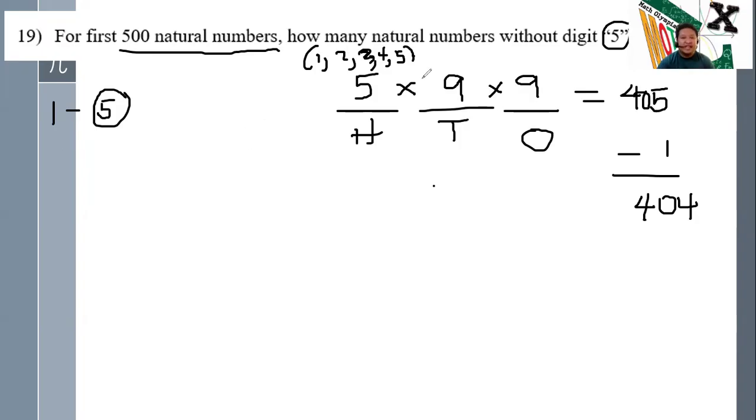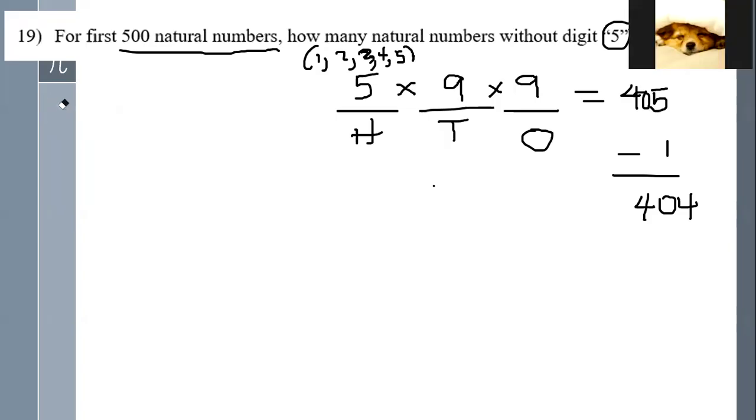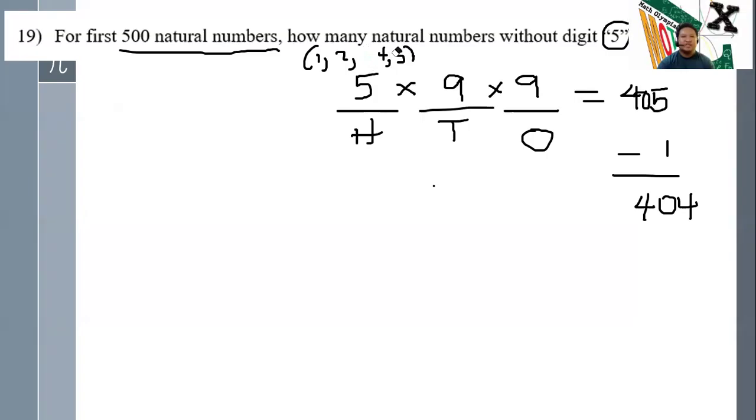Yes, Kaden? Any question? At the hundreds place, why does it say there are 5 ways, but why does it include 5? 1, 2, 3, 4, 5. Because we cannot have 0 in the hundreds place for that case.